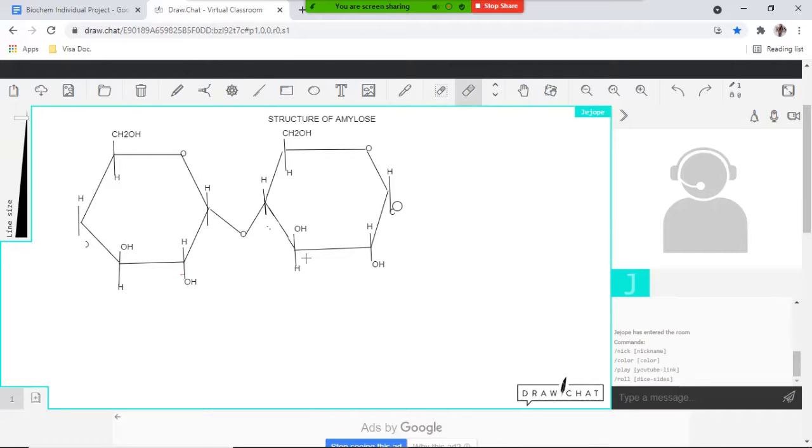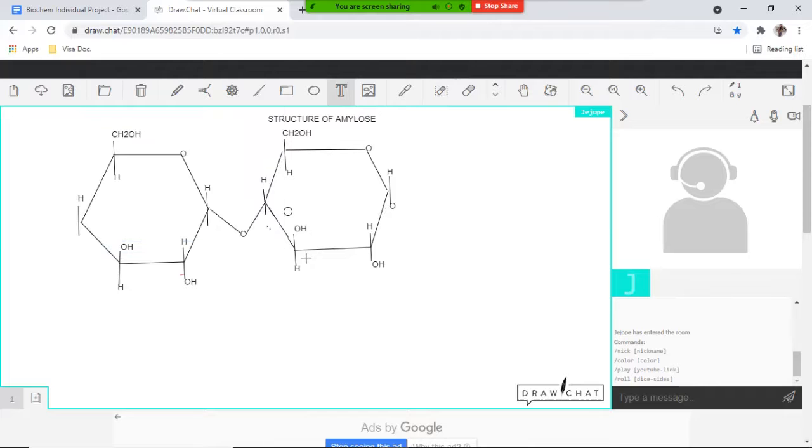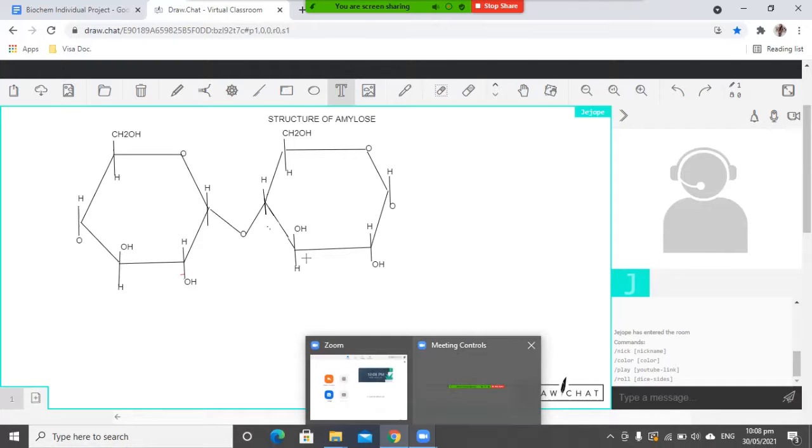There we go. For the sake of appearances, I'm just going to redraw the oxygen here on the sides. And there we have it, our structure of amylose, our 1 to 4 glycosidic bond, alpha glycosidic bond.